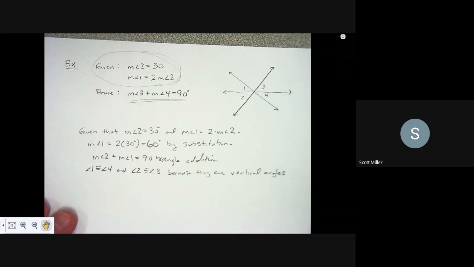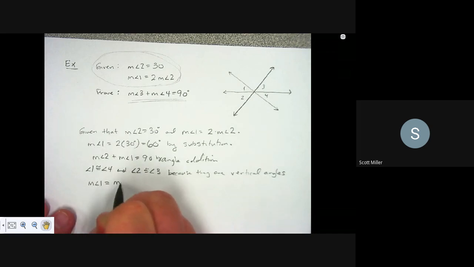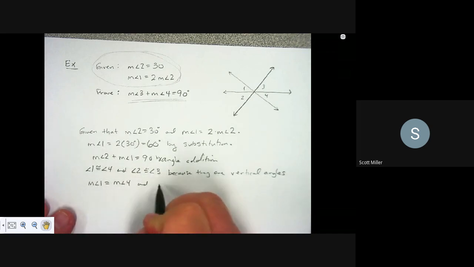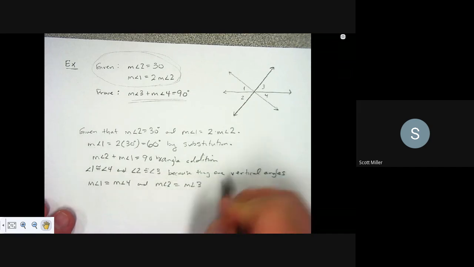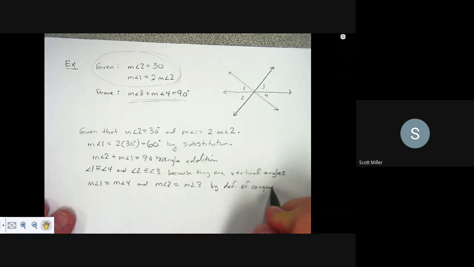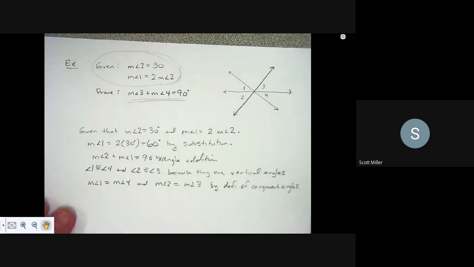Okay? So what does that mean? Well, it means that the measure of angle 1 equals the measure of angle 4, and the measure of angle 2 equals the measure of angle 3 by the definition of congruent angles. If angles are congruent, they have the same measure. That's what it means.